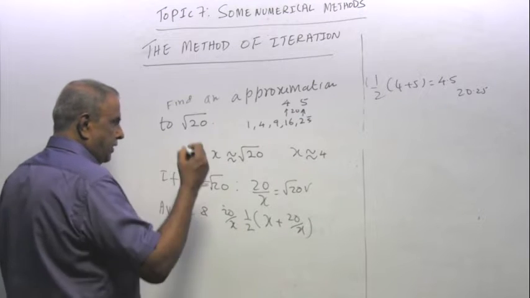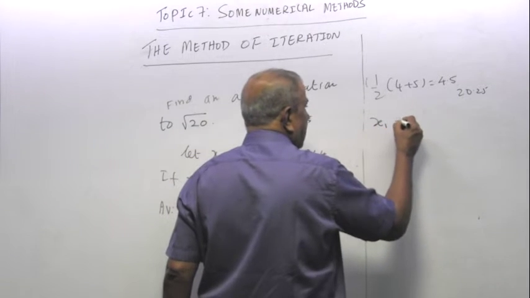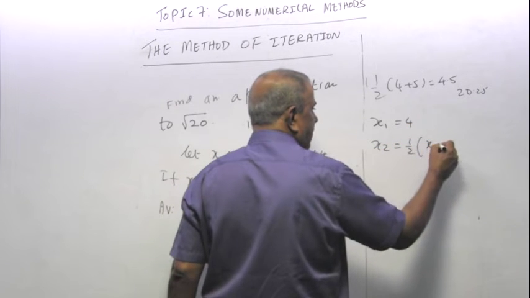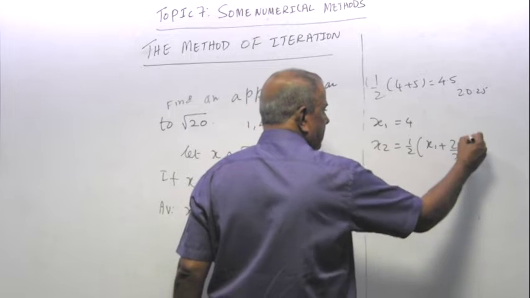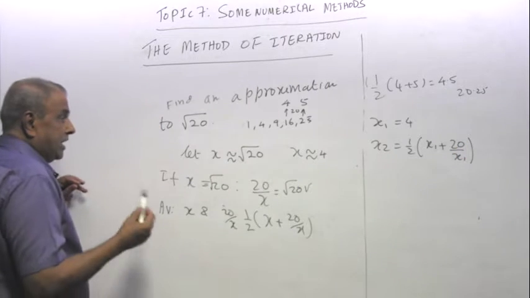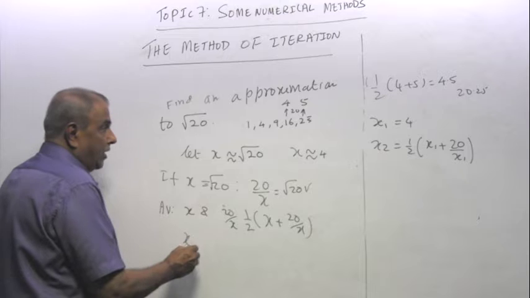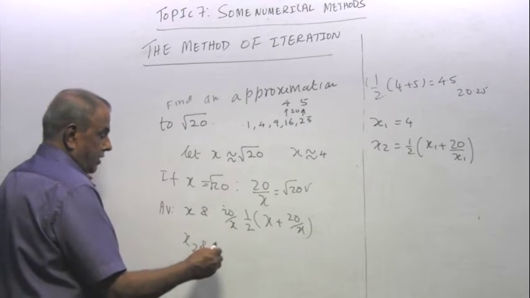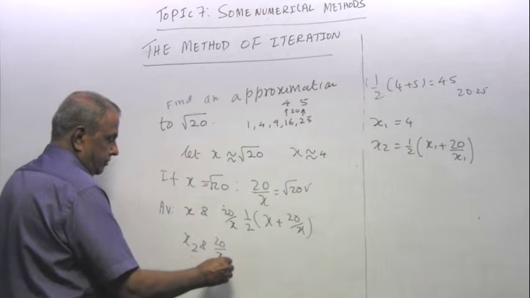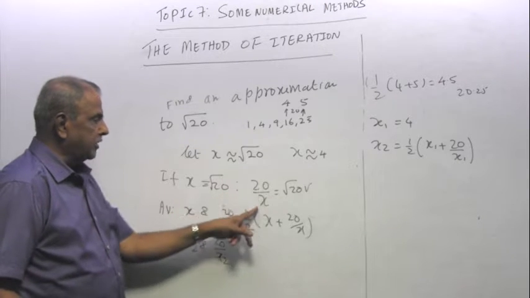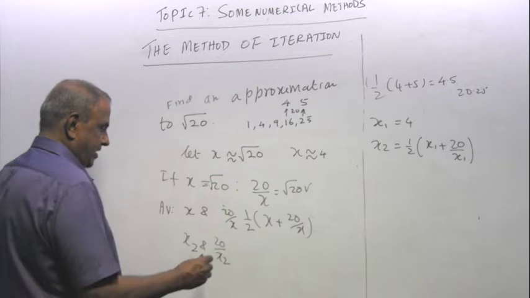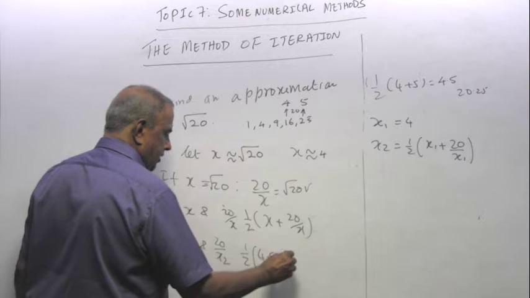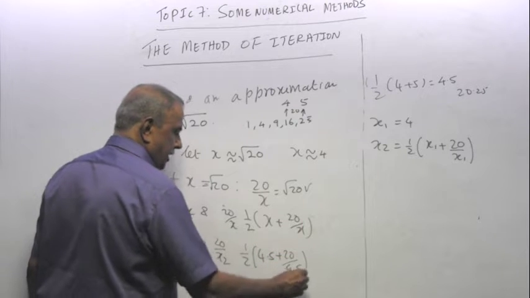So if I call x1 as 4, then x2 is half of x1 plus 20 over x1. Now take the average of x2 and 20 over x2, because 20 over x2 is also approximately root 20. So that is half of 4.5 plus 20 over 4.5.